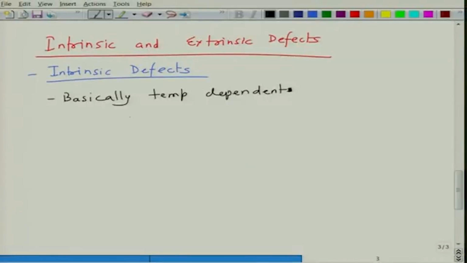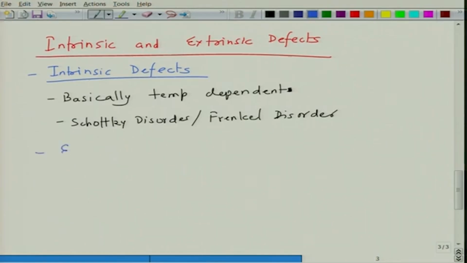So, defects like Schottky disorder and Frenkel disorder are all intrinsic defects. They do not change the stoichiometry of the system and they can be determined from the intrinsic defect equation. And then we have extrinsic defects.